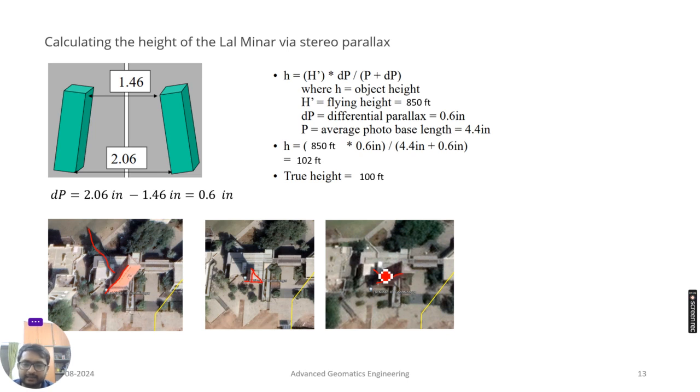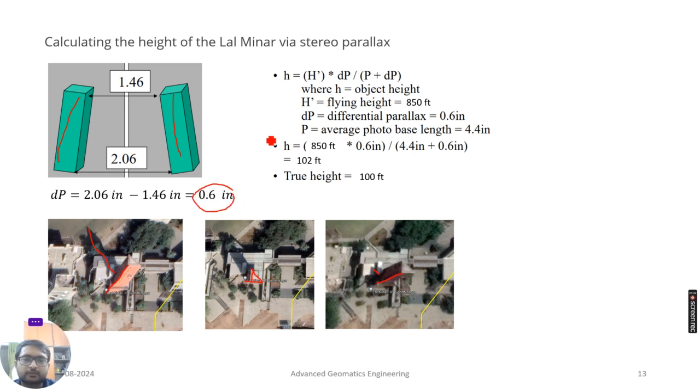Consider instead of the sun, you have an aircraft flying at a height of 850 feet from the ground, and the differential parallax you get for this object, Lal Minar, is 0.6 inches.